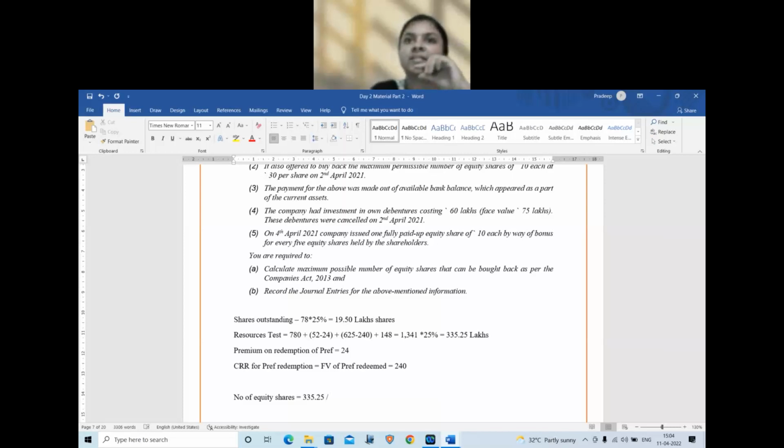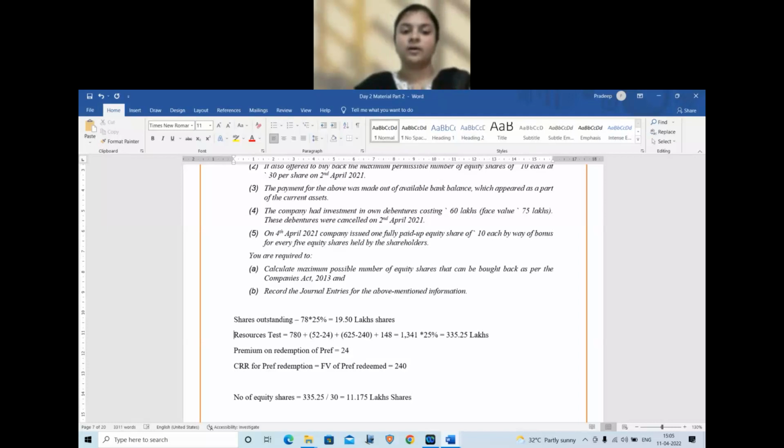What is the buyback price in the question? 30. So what is the number of shares? 335.25 divided by 30 is 11.175 lakh shares. Don't round off here, we are already dealing in lakhs. 11.175 lakhs shares.